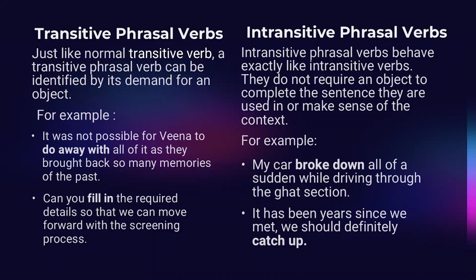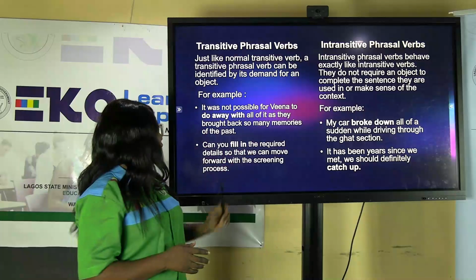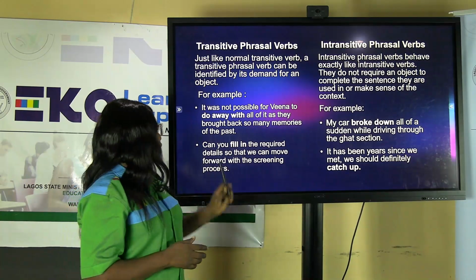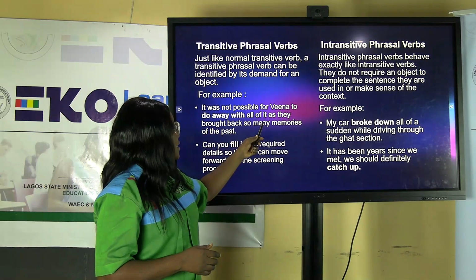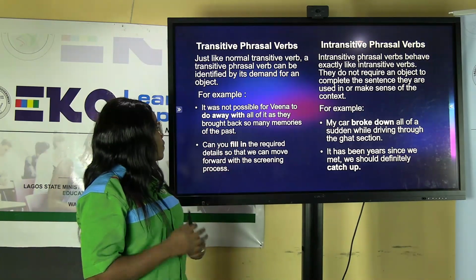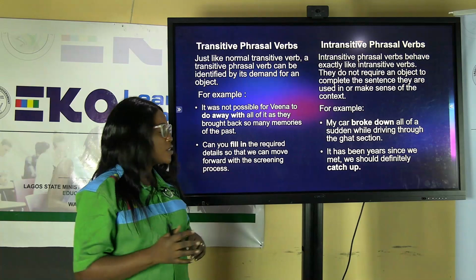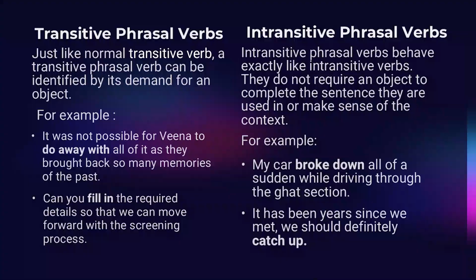It was not possible for Vina to do away with all of it as they brought back so many memories of the past. What is our phrasal verb here? We have do, away, and with.